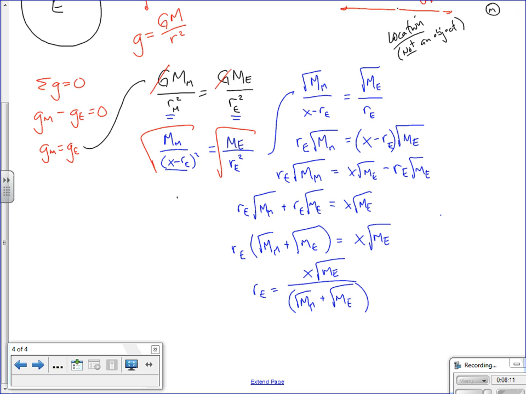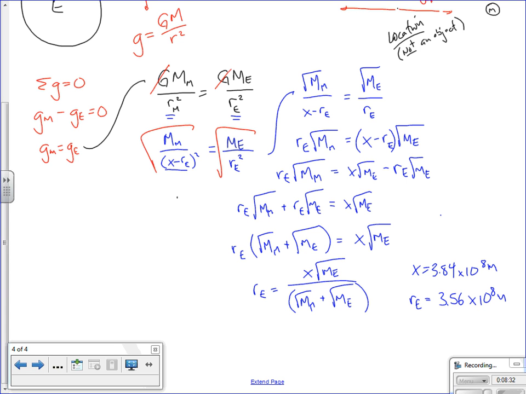Okay? And I think that x is like 3.84 times 10 to the 8th meters, and I believe that r E here comes out to something like 3.56 or so times 10 to the 8th meters. So notice, we're almost all the way over there.